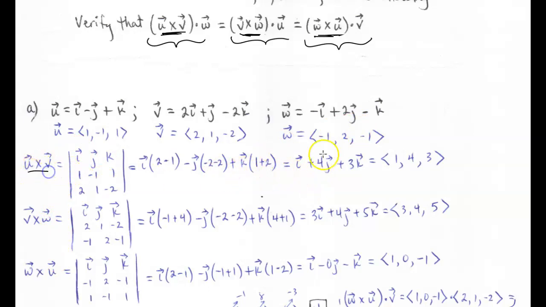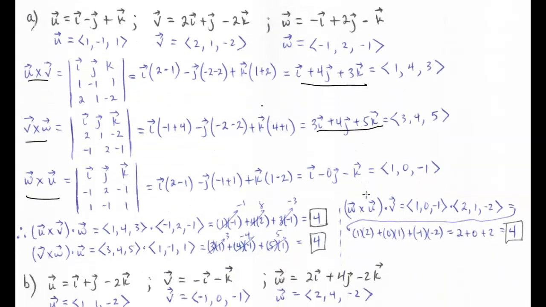And you see that I get i plus 2j plus 3k for U cross V, for V cross W we get 3i plus 4j plus 5k, and W cross U ends up being just i minus k. And so I've written that into component form to make life a little easier for me.